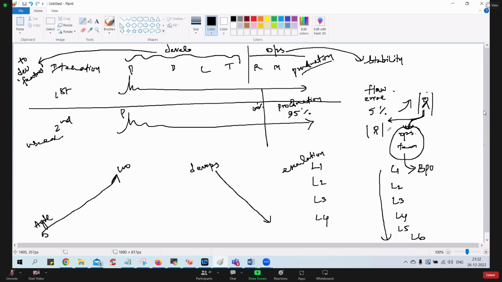L1 and L2 usually refer to your BPO fellows. L3 and L4 refer to the ops team, the core technical guys from the operations team. And L5 and L6 refer to your development team.